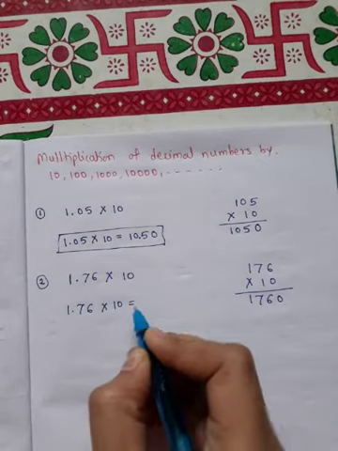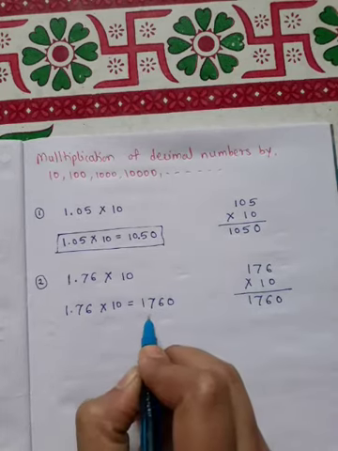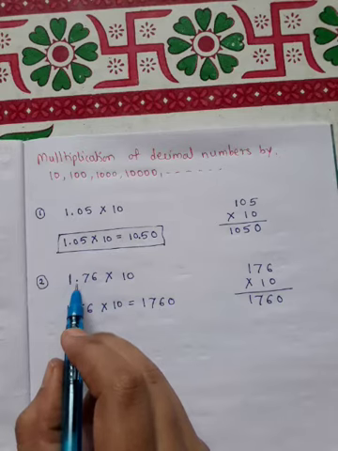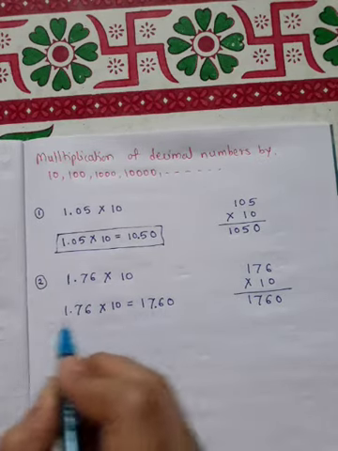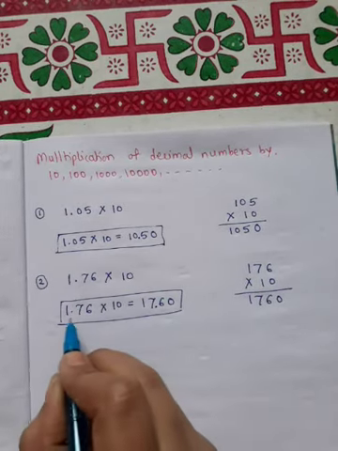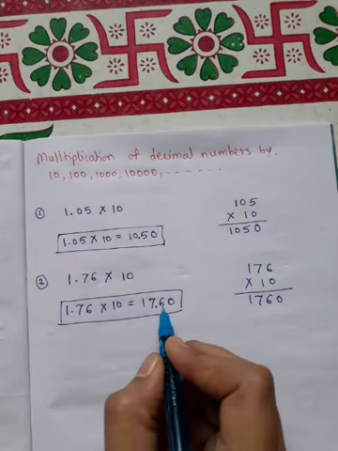This is the obtained product. Now there are 2 digits after the decimal point, so put the decimal point before 2 digits in the obtained product. Therefore 1.76 into 10 is 17.60.